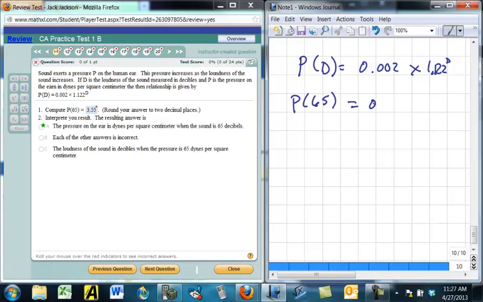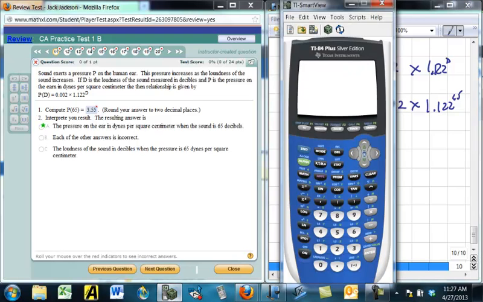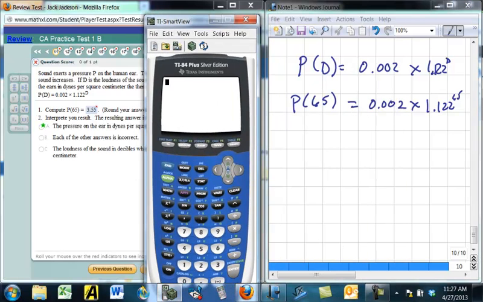We just plug in a 65 here, and we're going to use our calculator to get an approximation to that.